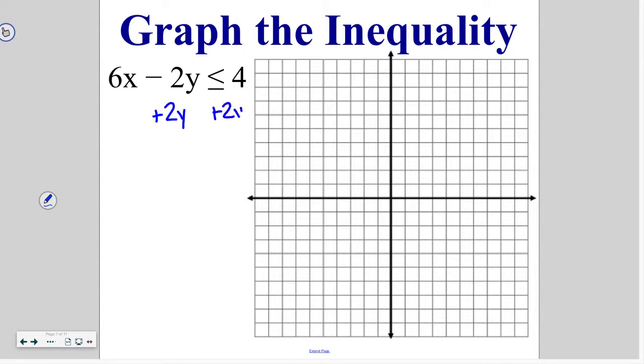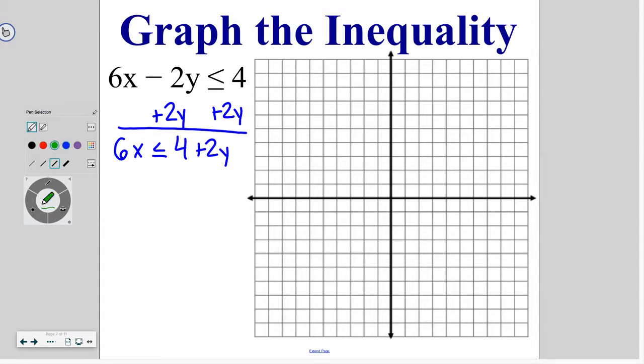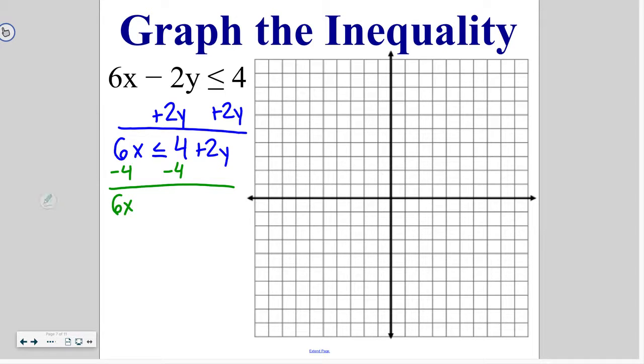If you want to avoid doing that, the other way that you could have solved this was starting by adding 2y to both sides. So I now have 6x is less than 4 plus 2y. Then I'm going to go ahead and subtract the 4 from both sides. So I've got 6x minus 4 is less than 2y.